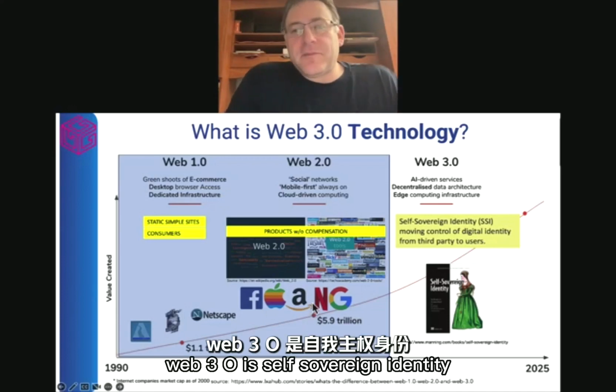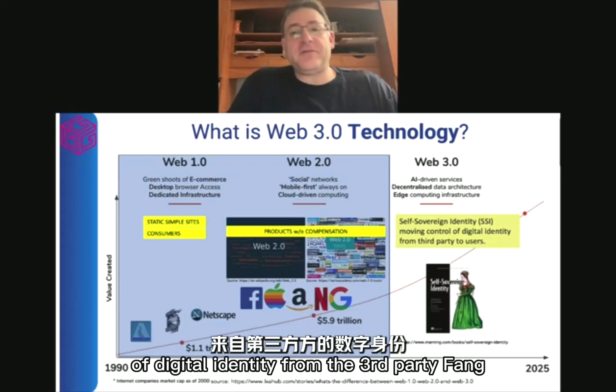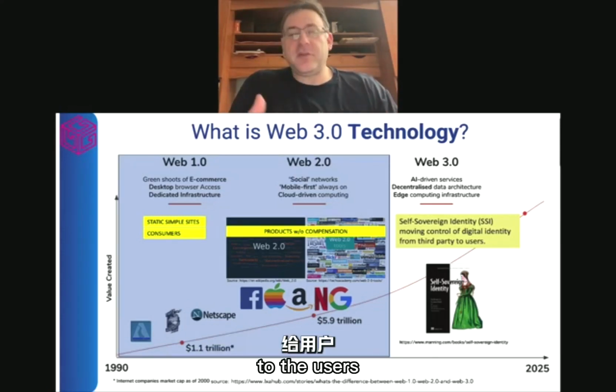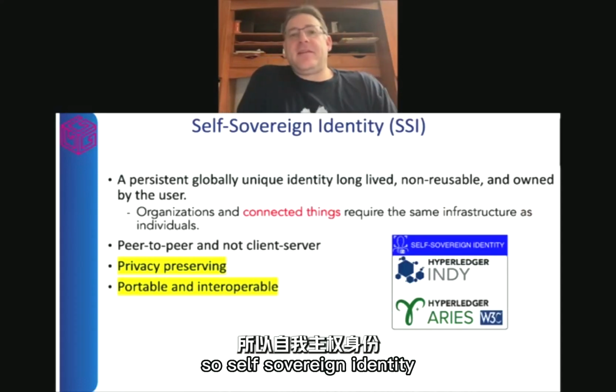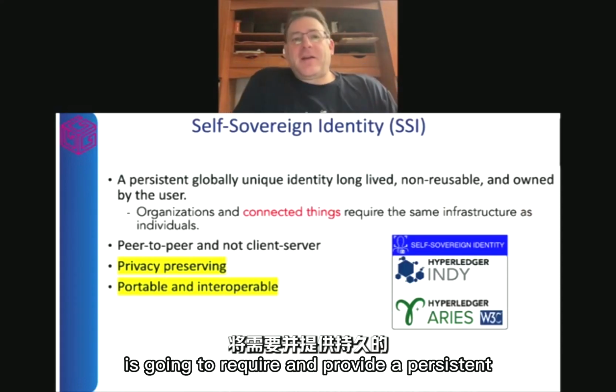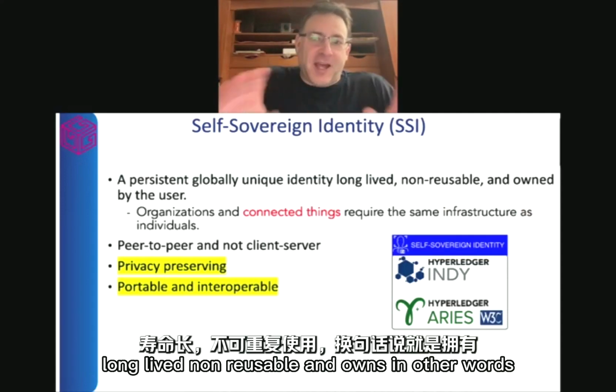Web 3.0 is self-sovereign identity. We move the control of digital identity from the third party, FANG, to the users. So self-sovereign identity is going to require and provides a persistent, globally unique identifier, long-lived, non-reusable, and owned.